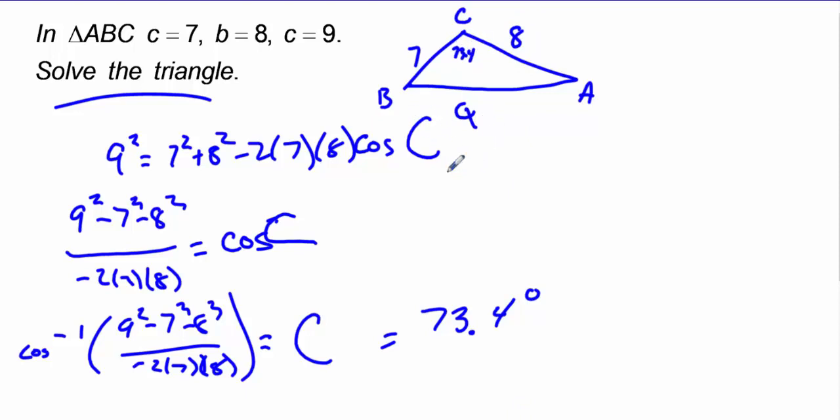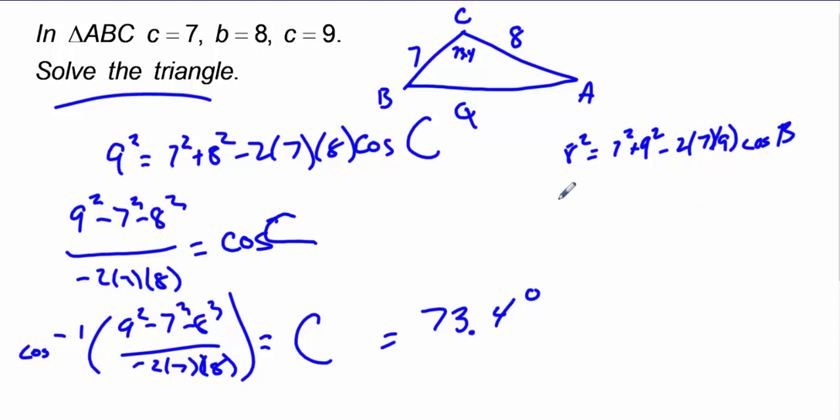Now if I know that's 73.4, I can go ahead and do law of cosines again and get either B or A. And like I said, I usually like going in law of cosines with the biggest value. So I would say 8 squared equals 7 squared plus 9 squared minus 2 times 7 times 9 times the cosine of B, and go through that whole same process.